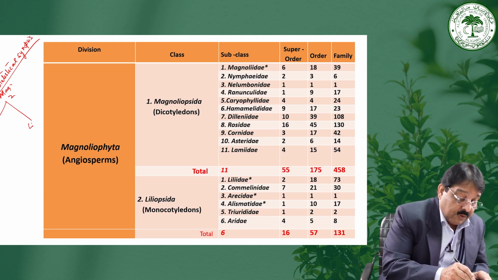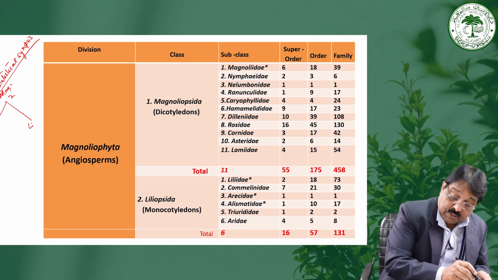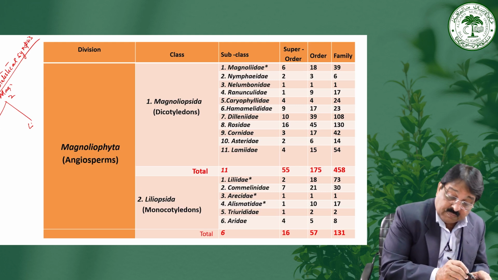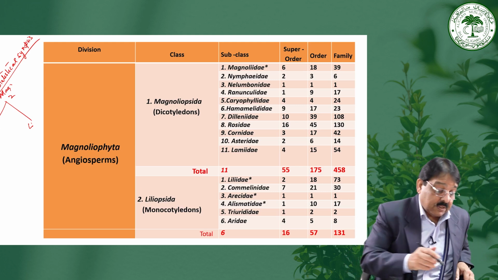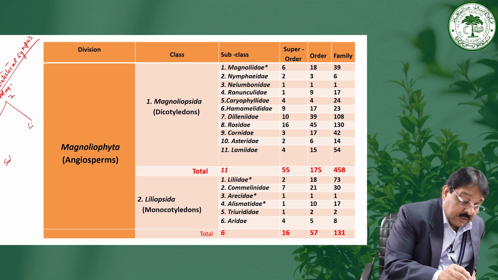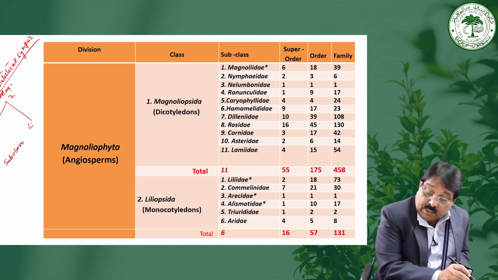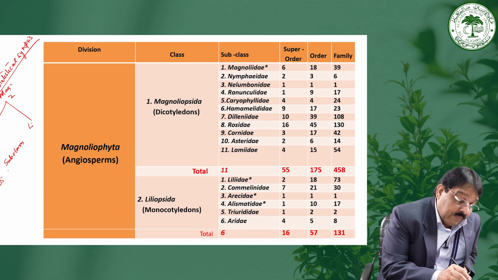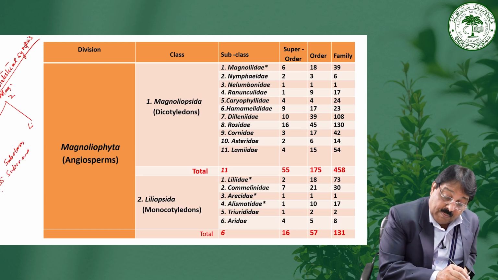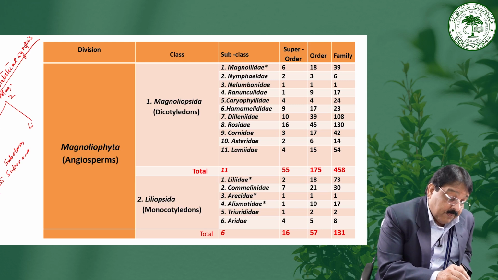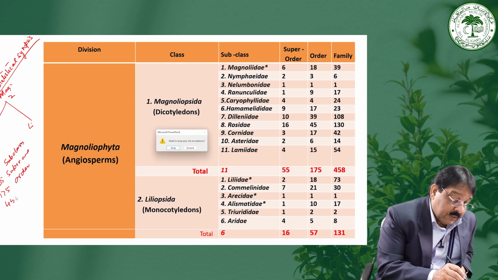Magnoliopsida is further divided into 11 subclasses. Then superorders, how many superorders? 55 superorders. Then how many families are there? 175 orders arranged in 458 families.